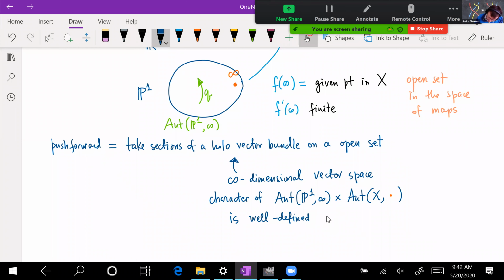And in fact it is a rational function for a given degree D, which is the degree of this map.